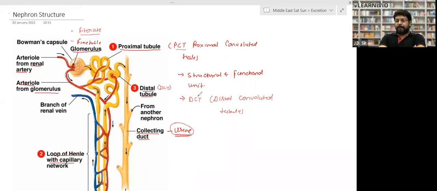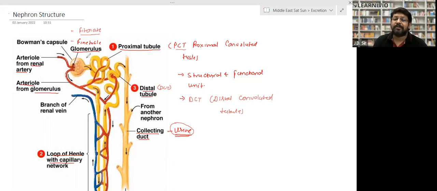The urea and other excretory material along with water. So glomerulus has filtered the blood and taken excretory material from the blood.